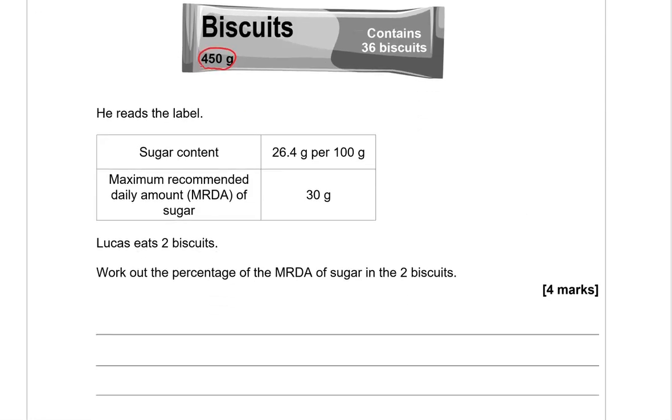So in 100 grams of biscuits, we have 26.4 grams of sugar. What about 450 grams of biscuits? So what have we multiplied 100 by to get 450?